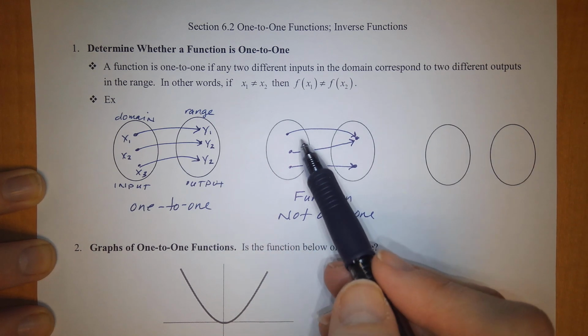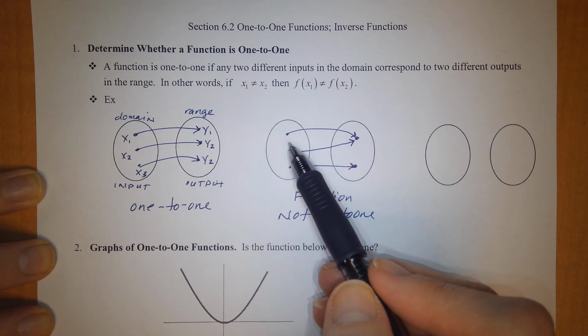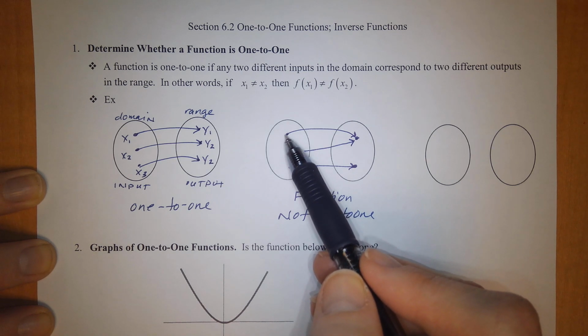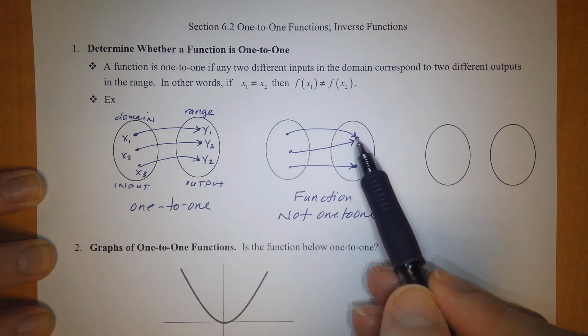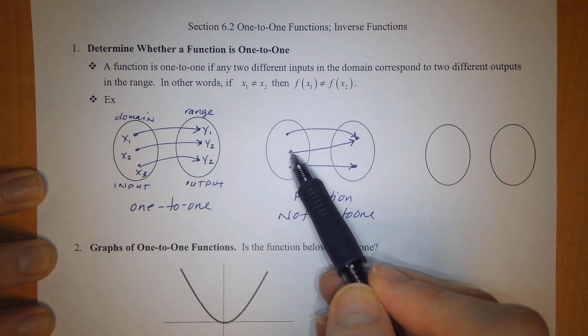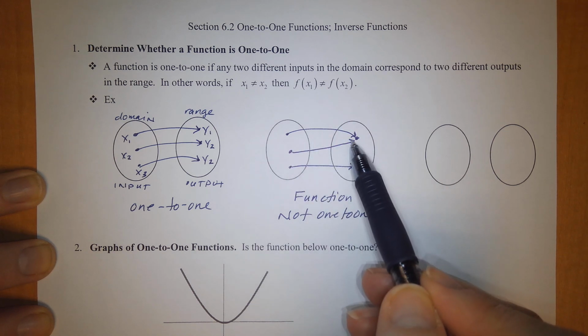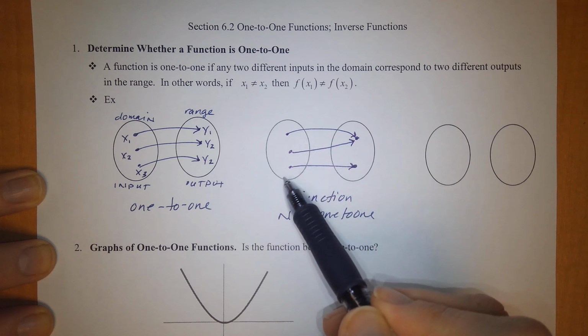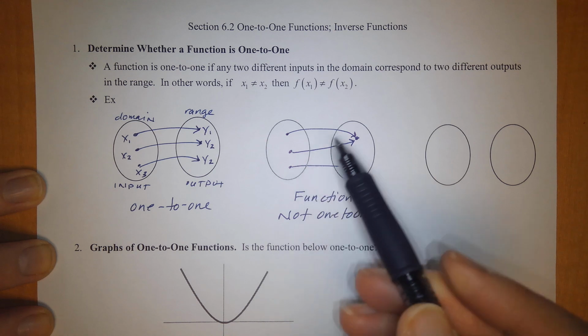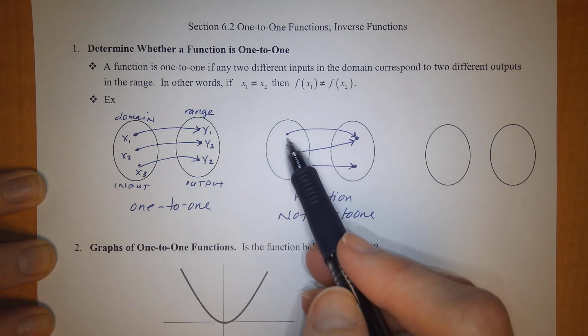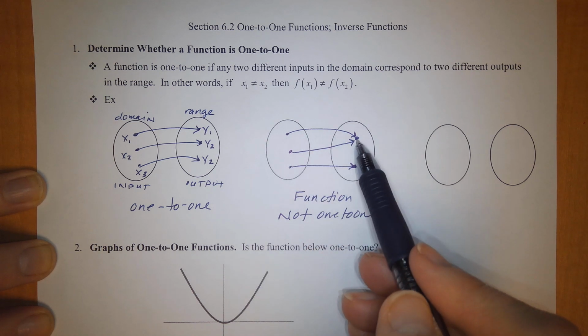It is a function because by definition of a function, every image of x goes to exactly one y. In other words, an x cannot go to two different y's. This x could not split off and go to two different y's. So this is a function. It would pass the vertical line test if drawn in a Cartesian coordinate system, but it is not one-to-one because every x has to have a different image of y as its output.